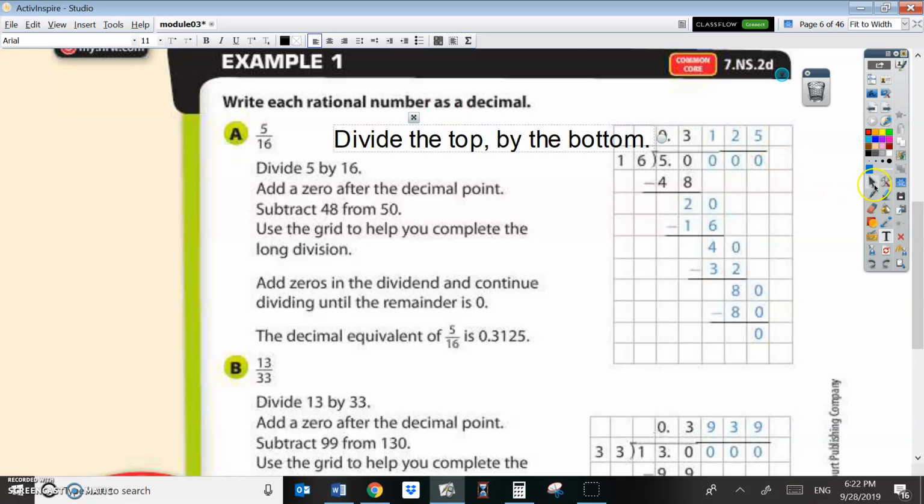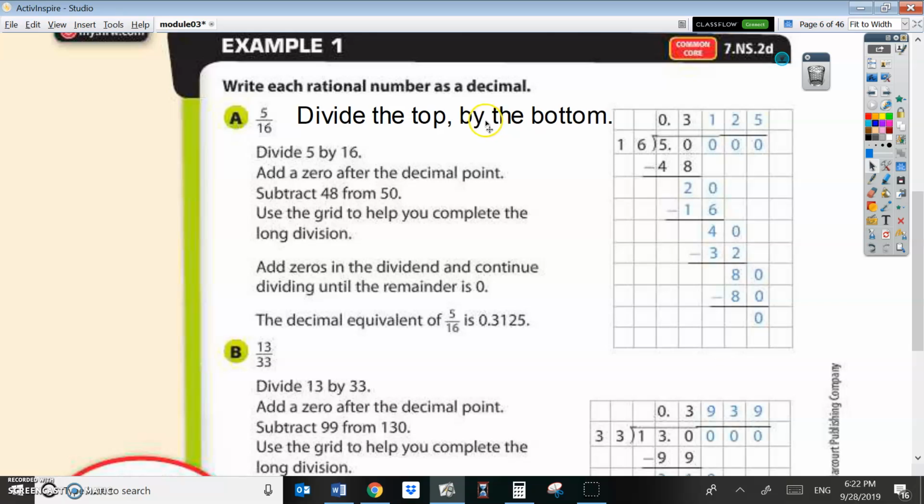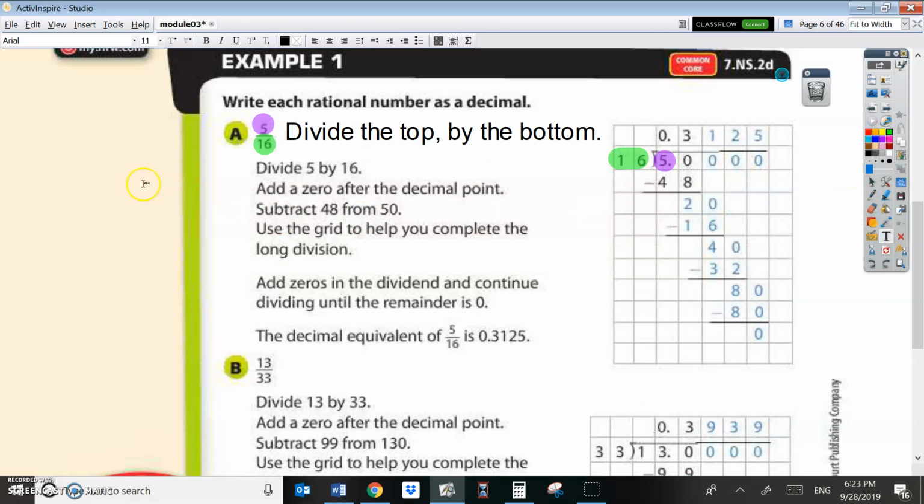My math teacher always sang that song to me, so I'm singing it to you. Divide the top by the bottom. Here's the top. The top becomes your dividend. And here's the bottom, which becomes your divisor.